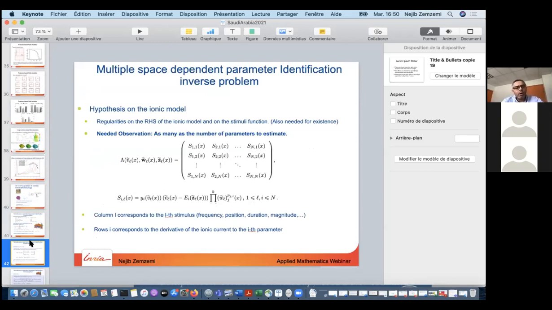So under certain regularity of the model, if we construct a matrix that is the response of the model to different stimuli, where each column corresponds to a different stimulus, a different right-hand side, and each line corresponds to the derivative of this ionic current with respect to the parameter number i.